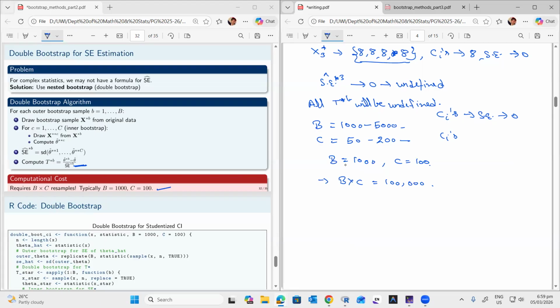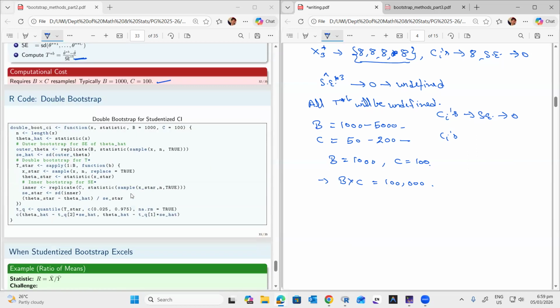If the RAM of your desktop or laptop is 4 GB or 8 GB, it will not work. You need at least 16 GB of RAM for such complex programming. All right, so that is the basic double or nested bootstrap method for you.